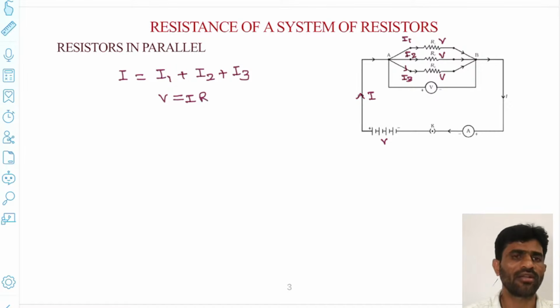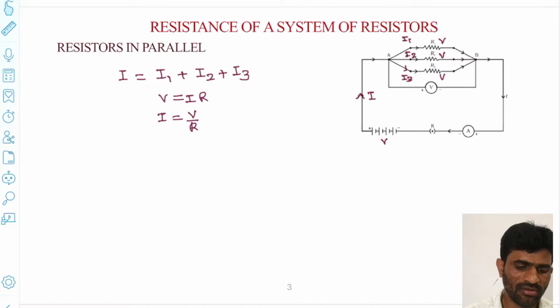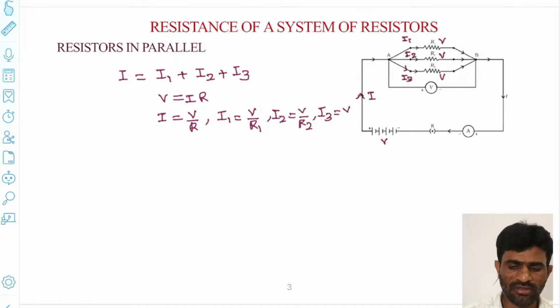From this, I is equal to V by R. So I1 will be equal to V by R1, I2 will be equal to V by R2, and I3 is equal to V by R3.